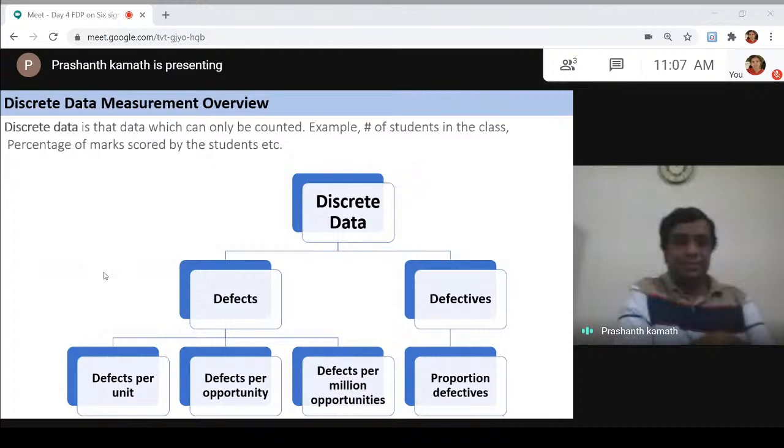Over a period of time, towards the end of the last millennium, people started to discover that apart from manufacturing, Six Sigma as a concept, as a problem-solving methodology, can be applied even in service industry, education, hospitality, healthcare. You name the sector, it can be applied. And people who experimented with the concepts of Six Sigma were successful in applying it in those areas.